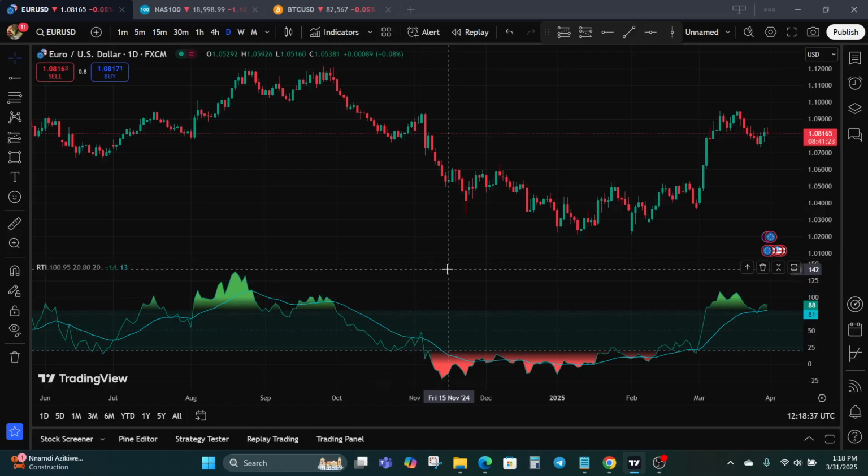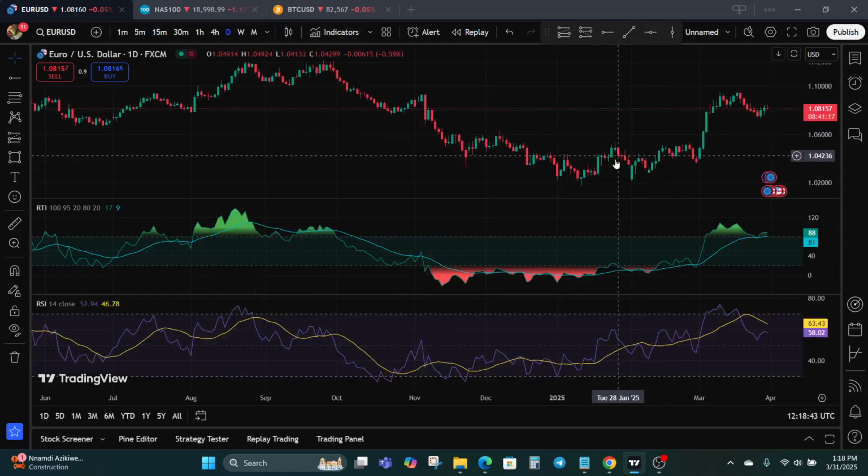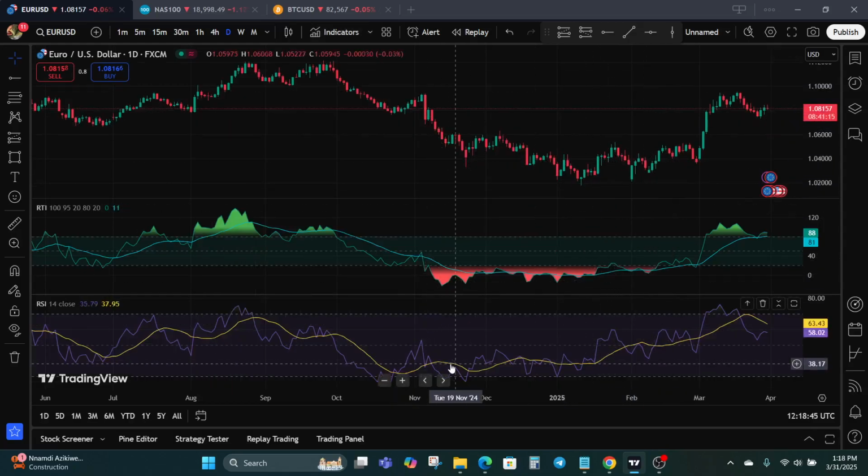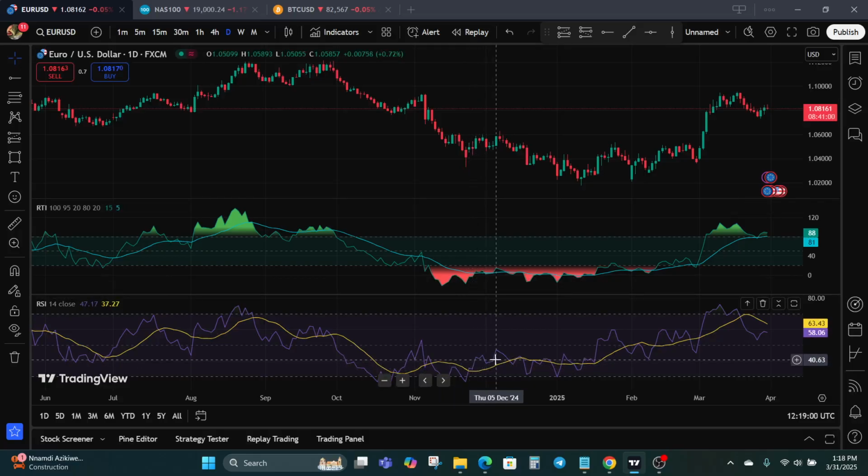Now, let me just add the RSI to the chart simultaneously, relative strength index. Because of that, the RSI sometimes gives false signals and can mislead traders.